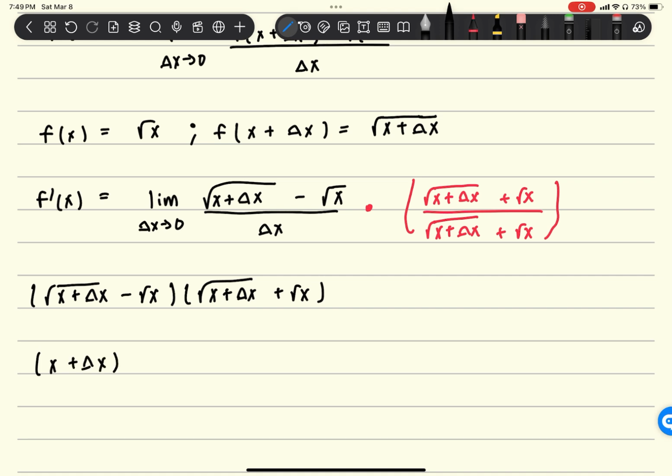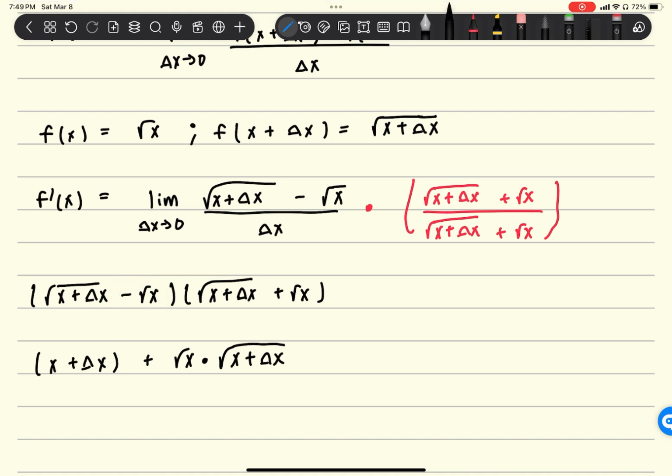All right. Next one, we're going to multiply the square root of x plus delta x times the square root of x. And so this is going to be plus the square root of x times the square root of x plus delta x. Next term, we're going to multiply minus the square root of x times the square root of x plus delta x.